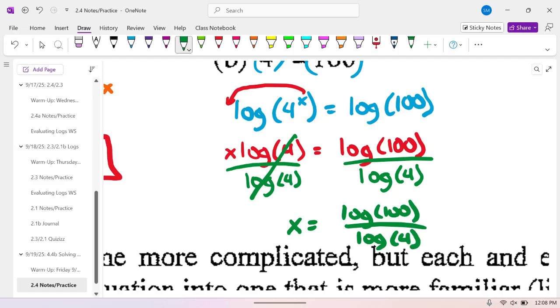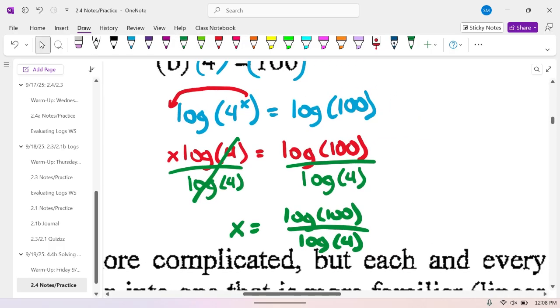All right, now someone put that in your calculator. Tell me what you get rounded to 2 decimal places. So if you put in your calculator, what do you get approximately?